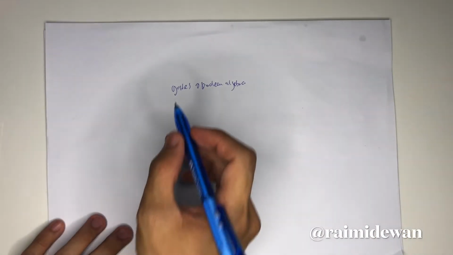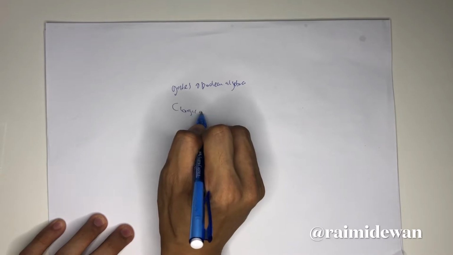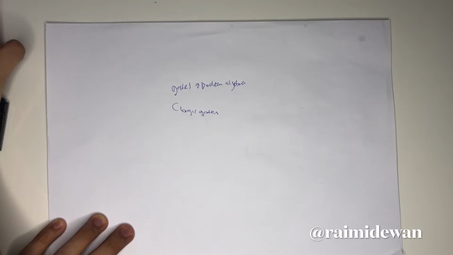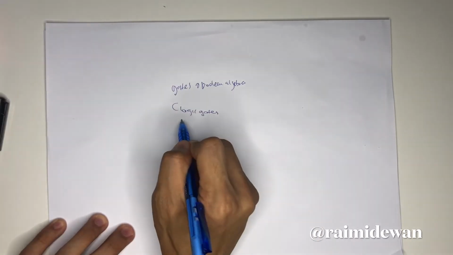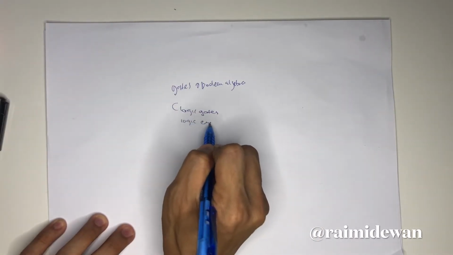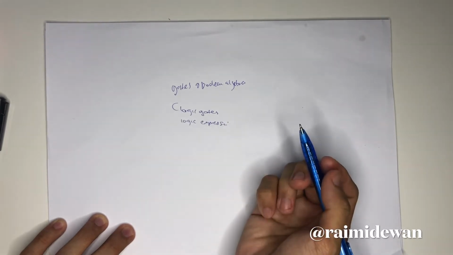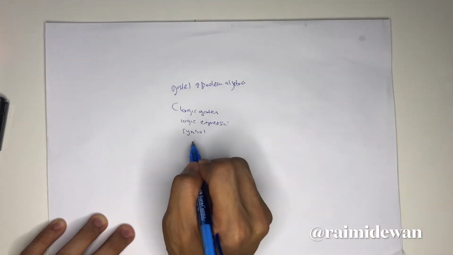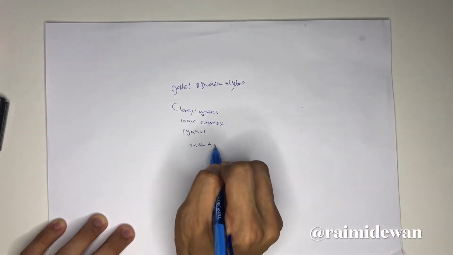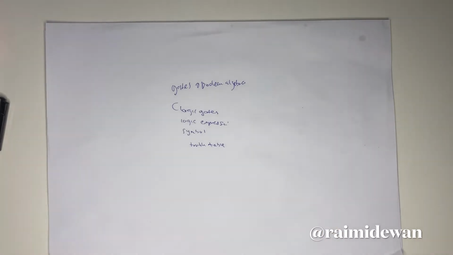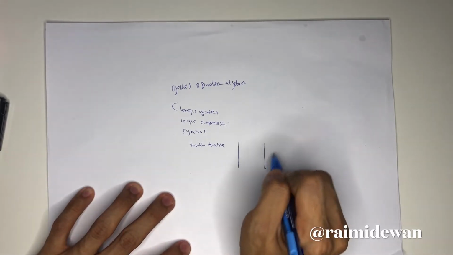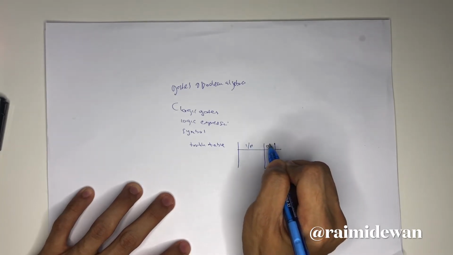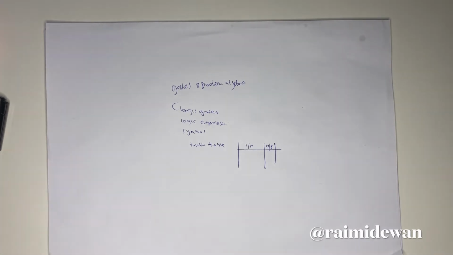In here you will learn about logic gates, the logic expression, the symbol of the logic gate, and also the truth table. In the truth table you shall have a combination of inputs and you will have the corresponding output.